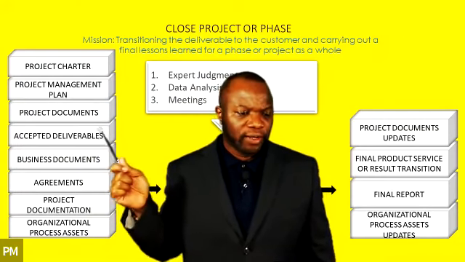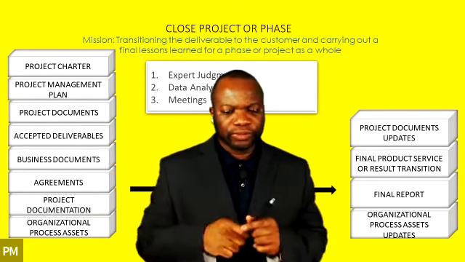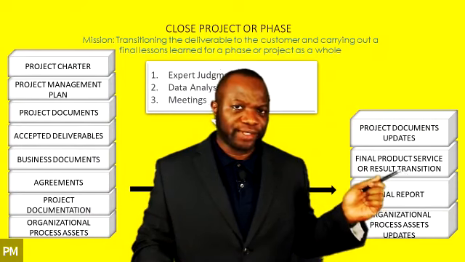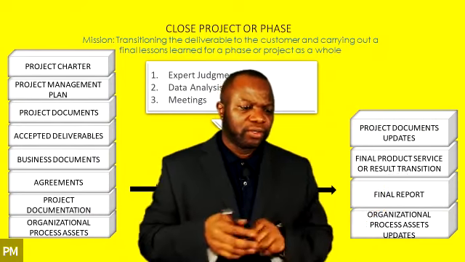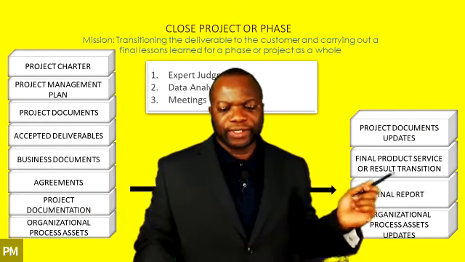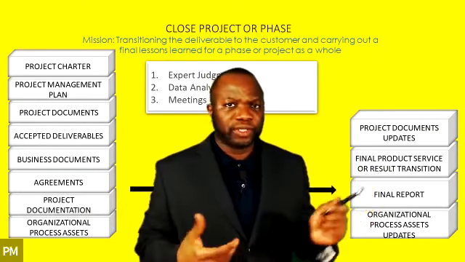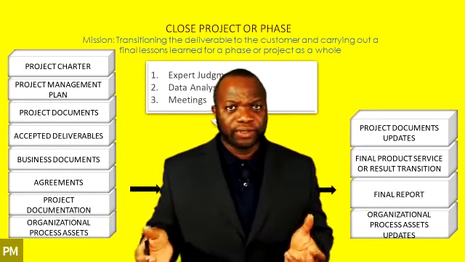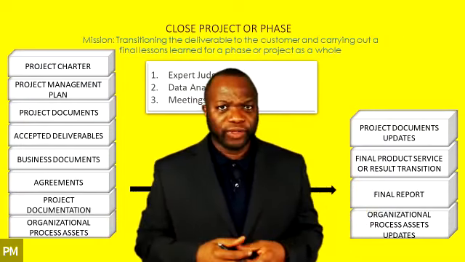Now watch here. Accepted deliverables, final product, service, or result transition. You see what I'm saying? This accepted deliverable needs to be transitioned to the customer formally. For example, one of our clients builds ships. They get done with the ship. Maybe it's for the Coast Guard.